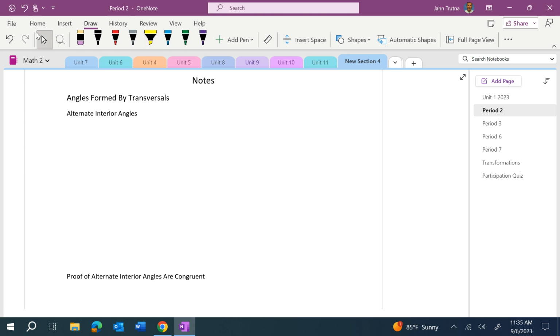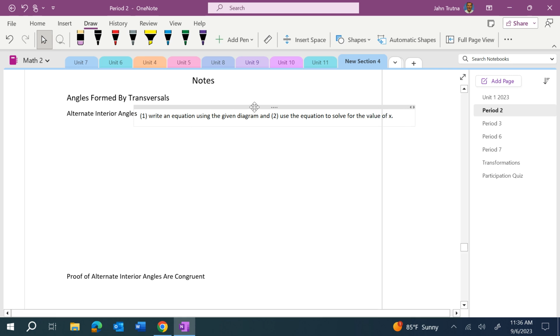Specifically, for these alternate interior angles, we are going to, one, write an equation using the given diagram, and I'm going to give you a diagram in a second. And two, we're going to use the equation to solve for the value of x.